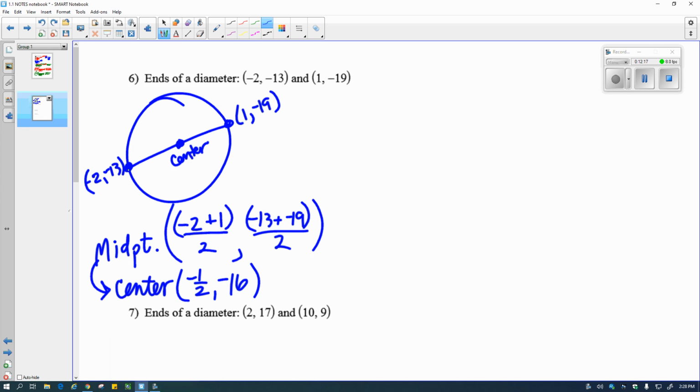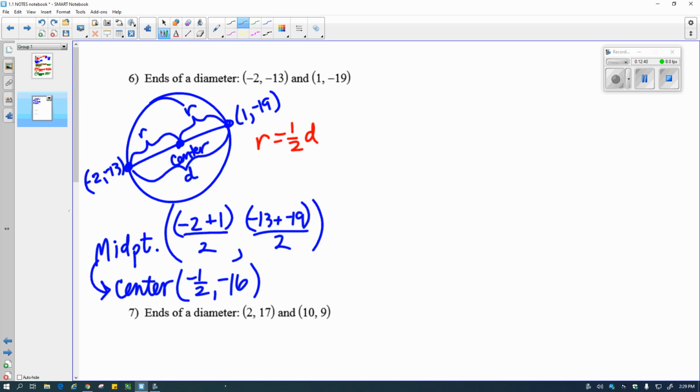My radius can be found by finding one endpoint to the center, finding the other endpoint to the center, or the other thing I could do is find the diameter and cut it in half, because the radius, remember, is half of the diameter.